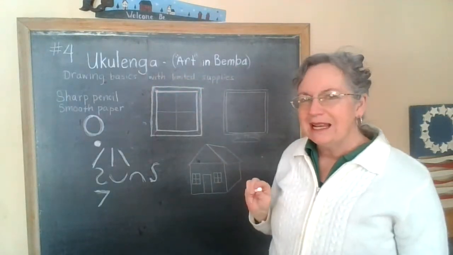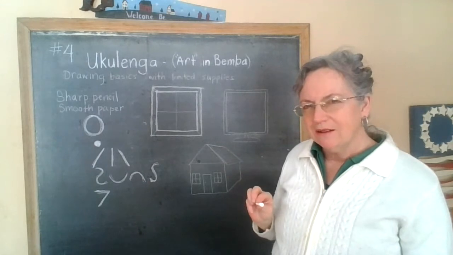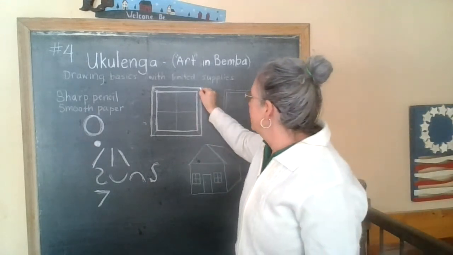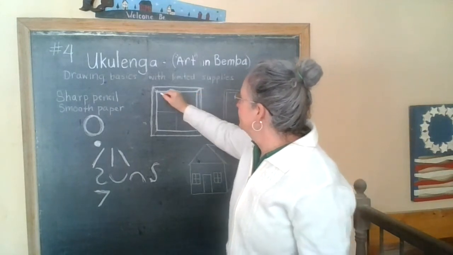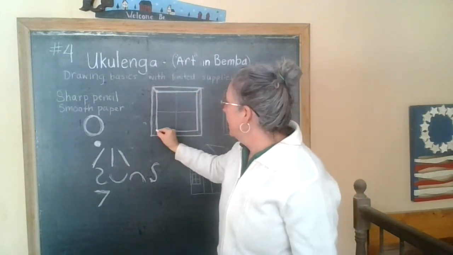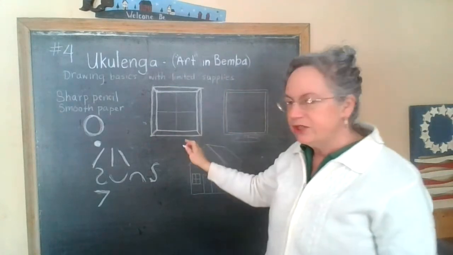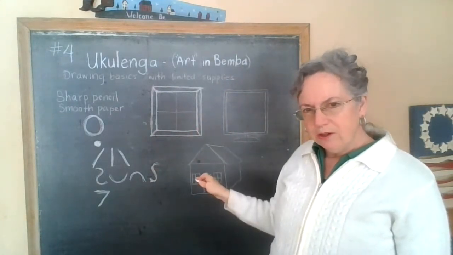Now we're going to connect those corners together so that we have a border around our window. We can make a slanted line to connect them at each corner. Now we have a window with a border.